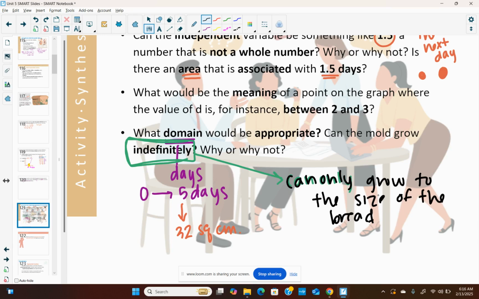And by size, meaning area of the bread, right? So area of the bread. So however big that is, then those days would be your input. So if a piece of bread is 32 square centimeters, then 0 to 5 seems to make sense. Okay, if it's more than 32 square centimeters, it can continue growing for that.